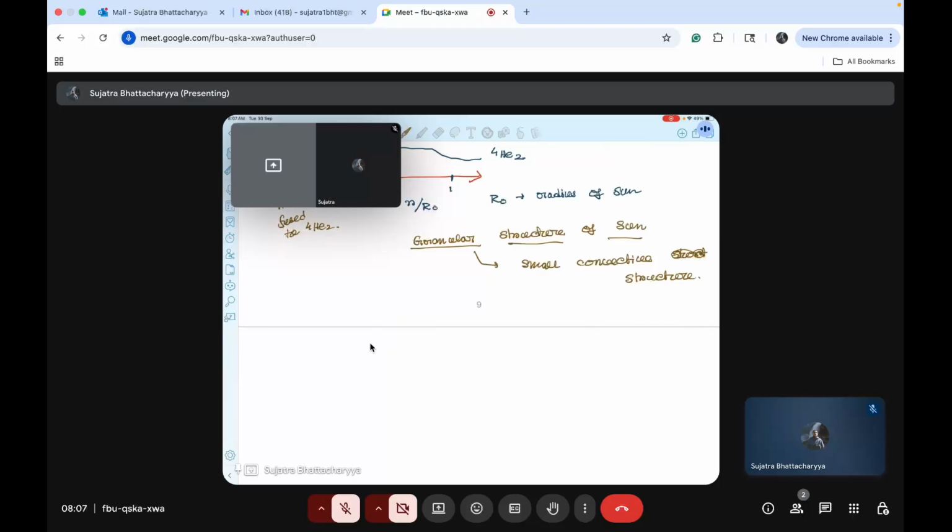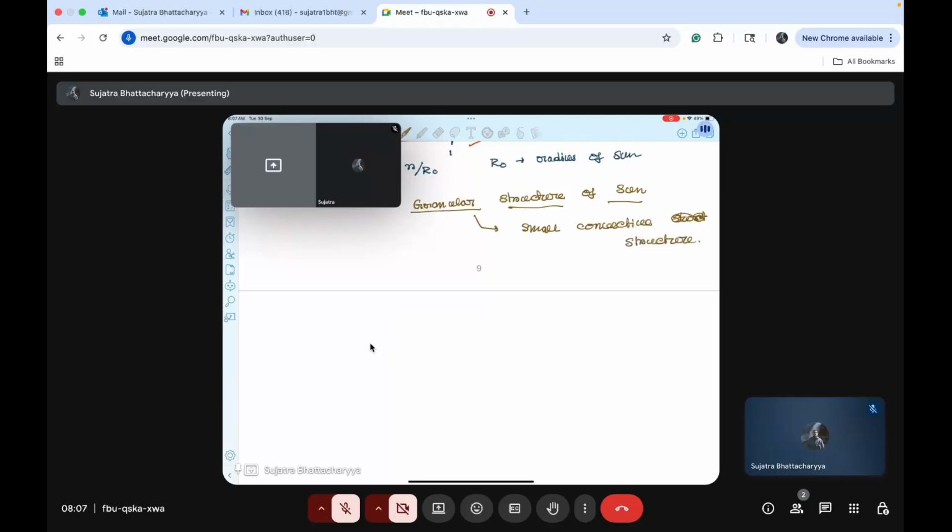Now suppose this is the sun, this is the equator, and these are the sunspots. They appear in pairs, you can see. In the north, these are the leading sunspots.